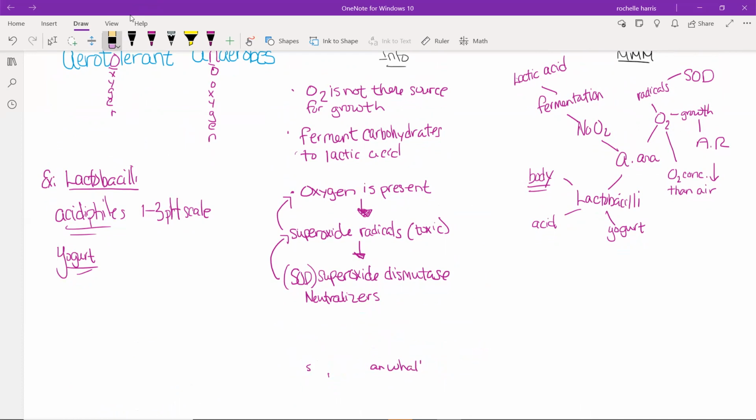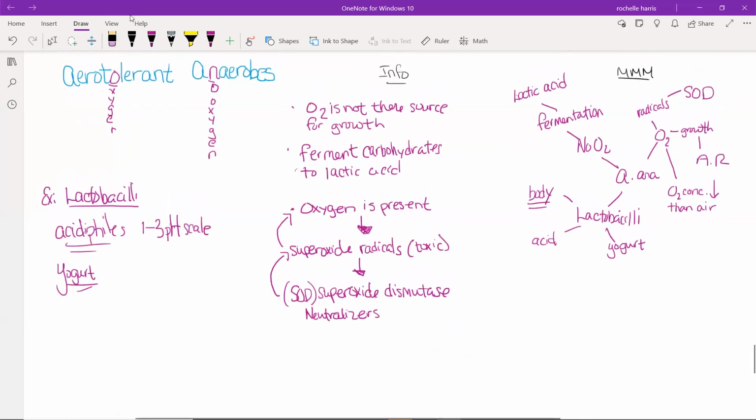We see that here, that is not their main source, but they can grow in the presence of oxygen due to their enzyme that neutralizes the toxins that are produced. But these are for my other notes.